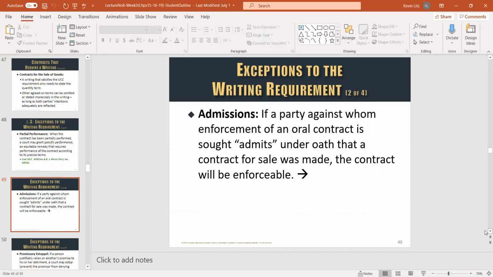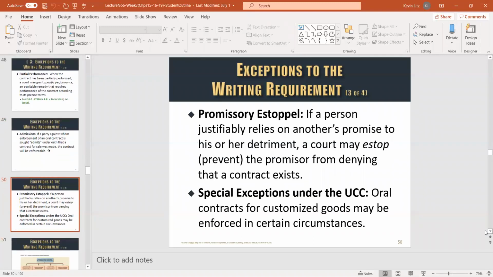Another exception is, gee, the sale of land or something had to be in writing. Then when we get to court, you show an email, or I on the stand admit, yeah, I agreed to sell the land to you for X number of dollars. So that's an admission I've made. So the judge might not require that contract to be in writing, and would enforce it.